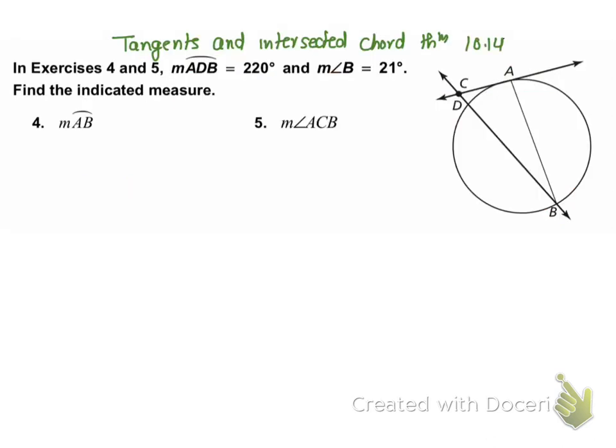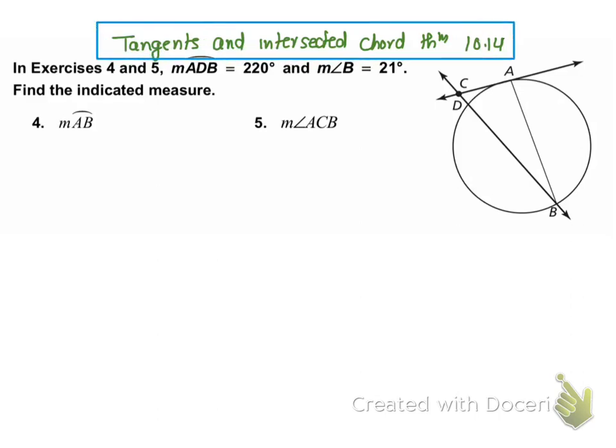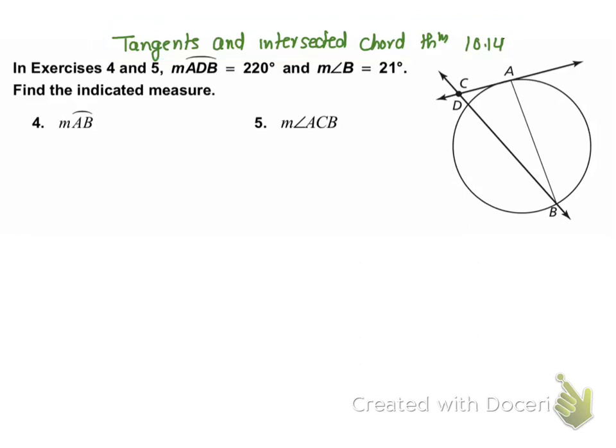Question number 4. For 4 and 5, we are going to use the tangents and intersected chords theorem 10.14, and then again the same theorem. They have given some information here: the measurement of arc ADB. Where is arc ADB? Keep in mind you have to pay attention to this arc symbol here, so it's not an angle.